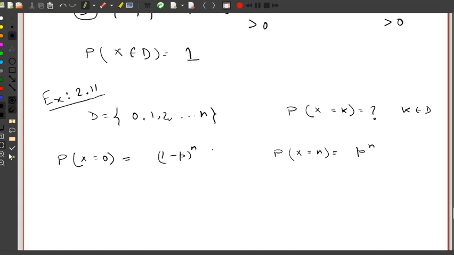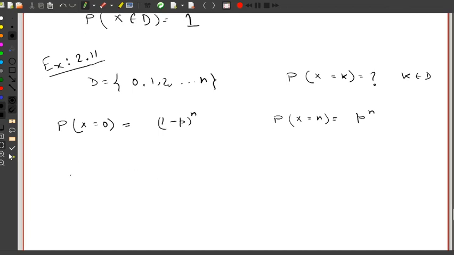Note that to write probability x equals 0 as (1 minus p) to the power n, or probability x equals n as p to the power n, we are using the fact that the trials of the experiment are independent. If they are not independent, then I cannot write the probability that all of them are failures as the product of the probabilities that each of them is a failure, which turns out to be (1 minus p) to the power n.